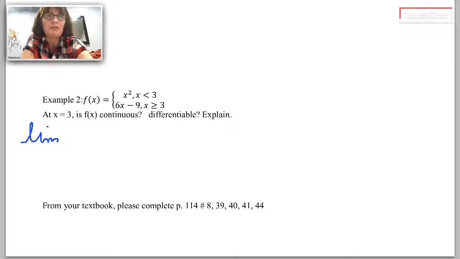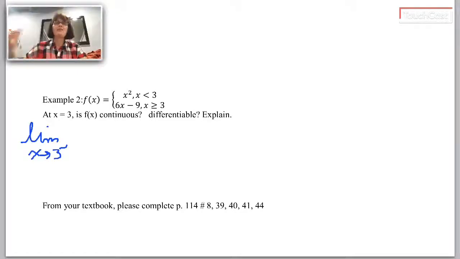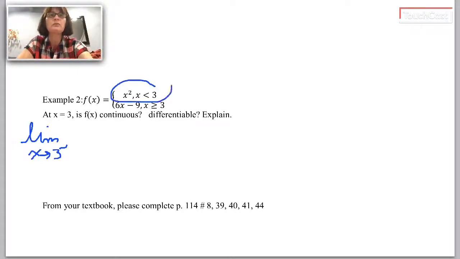So this is going to be the limit as x approaches 3 from the left. From the left, I'm coming along x values that are less than 3, so I'm going to use this top rule, and that's going to be 3 squared, which is 9.